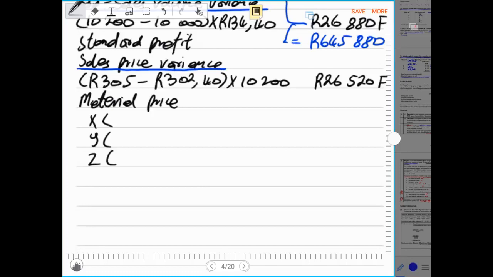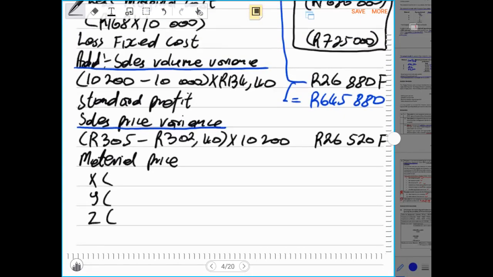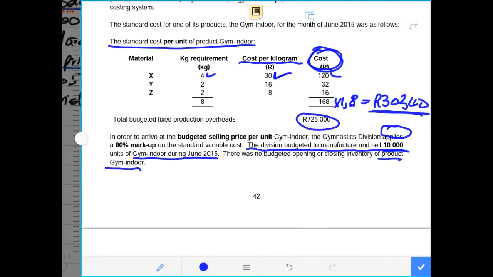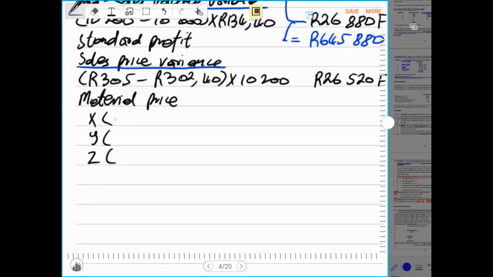But I want to use the per kg one that I've converted. My standard material price per kg is 30 rand, 16 and 8.